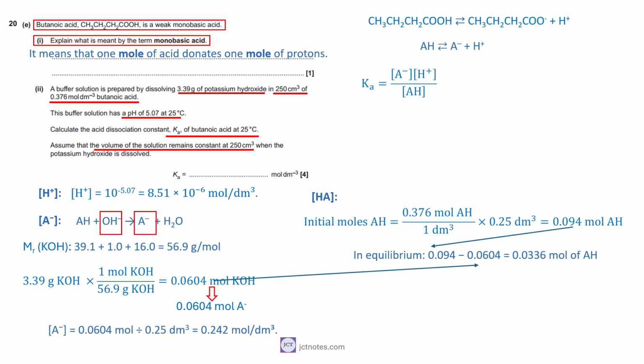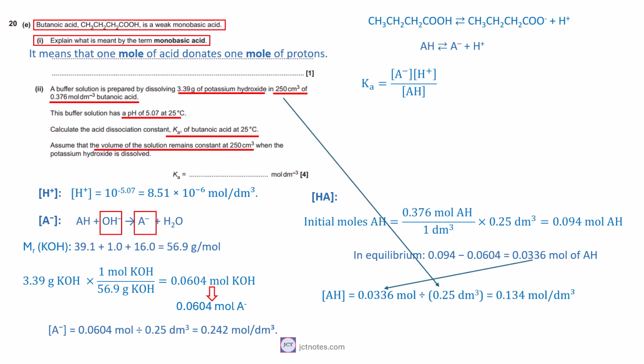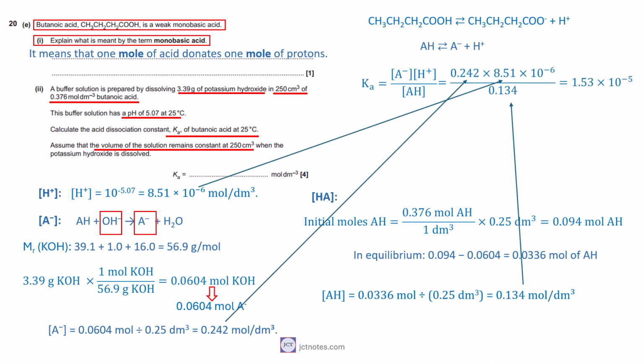If we divide this number by the volume of 0.25 cubic decimeters, we have a concentration of 0.134 molar. Replacing these values in the formula of the acid dissociation constant, we get a value of 1.53 times 10 to the power of minus 5.